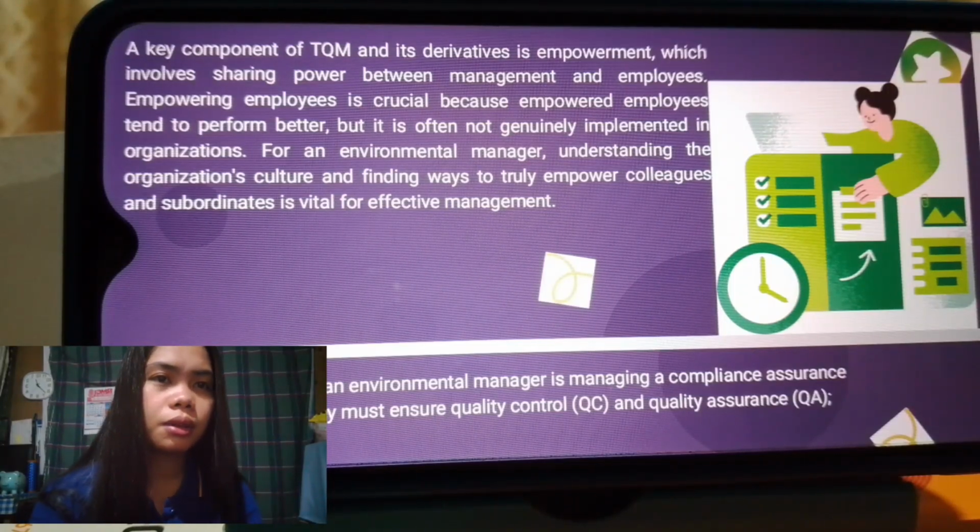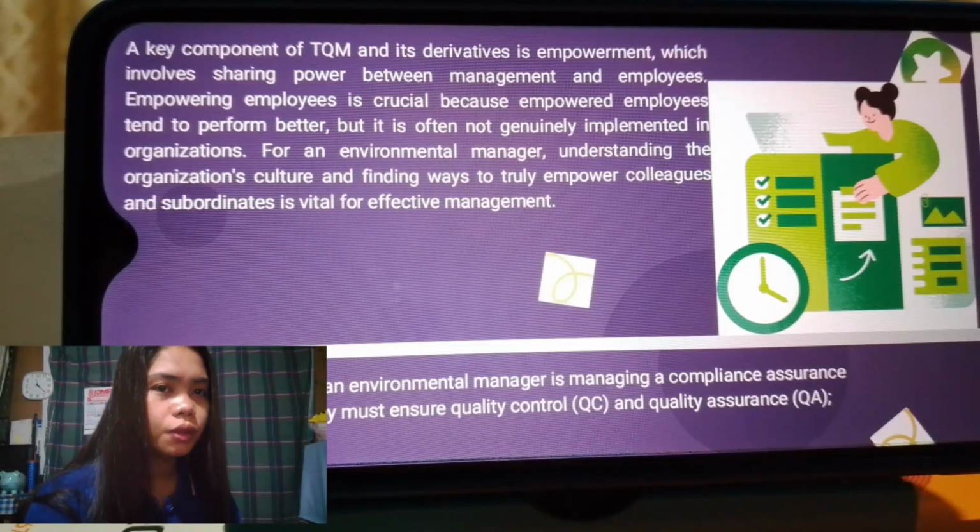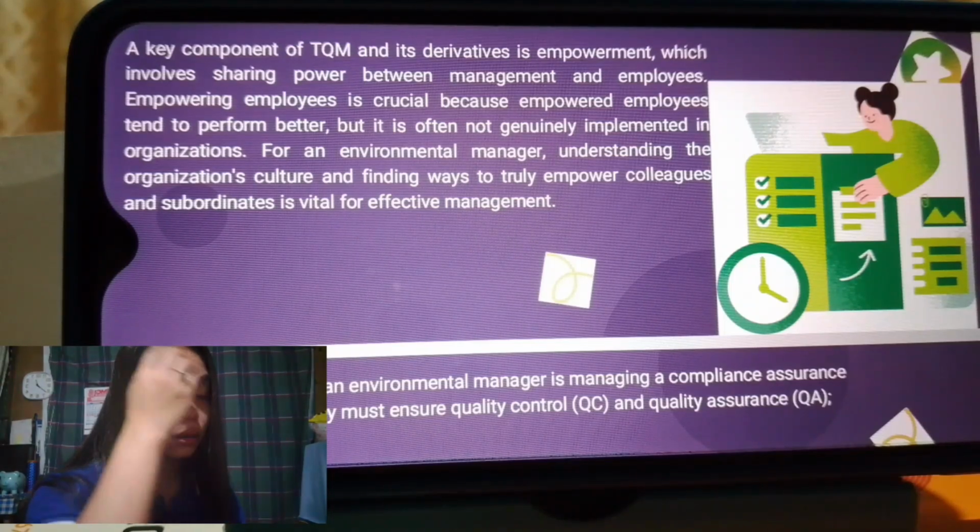A key component of TQM and its derivatives is empowerment, which involves sharing power between management and employees. Empowering employees is crucial because empowered employees tend to perform better, but it is often not genuinely implemented in organizations. For an environmental manager, understanding the organization's culture and finding ways to empower colleagues and subordinates is vital for effective management.